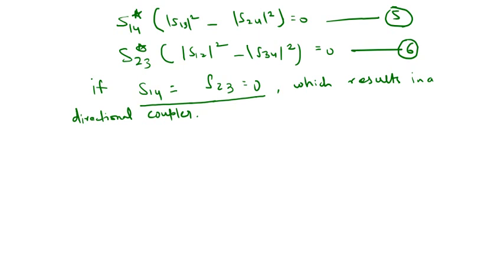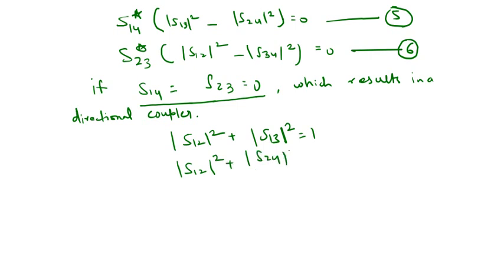Okay, so then the self products of the rows of the matrix. If we see the unitary matrix, then we are going to get modulus of S12 square plus modulus of S13 square is equal to 1. Modulus of S12 square plus modulus of S24 square is equal to 1.